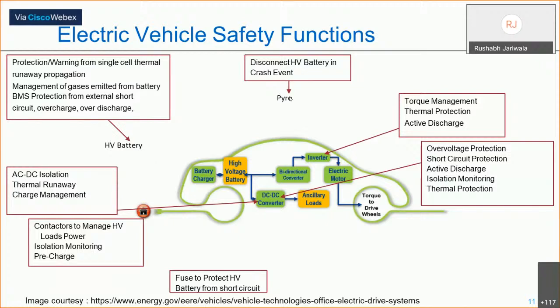And the next one we'll move to is the HV battery. By now we have discussed this. The HV battery has one specific thing, as I told you, thermal management and other things that need to be taken care of.